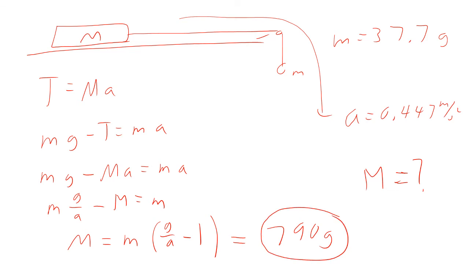And technically it came out to be 789.7, so this would be 790 with a decimal point to indicate it's 3 significant figures right there. Okay, so there we have 2 different examples using this mass, and 2 masses here on a frictionless table.